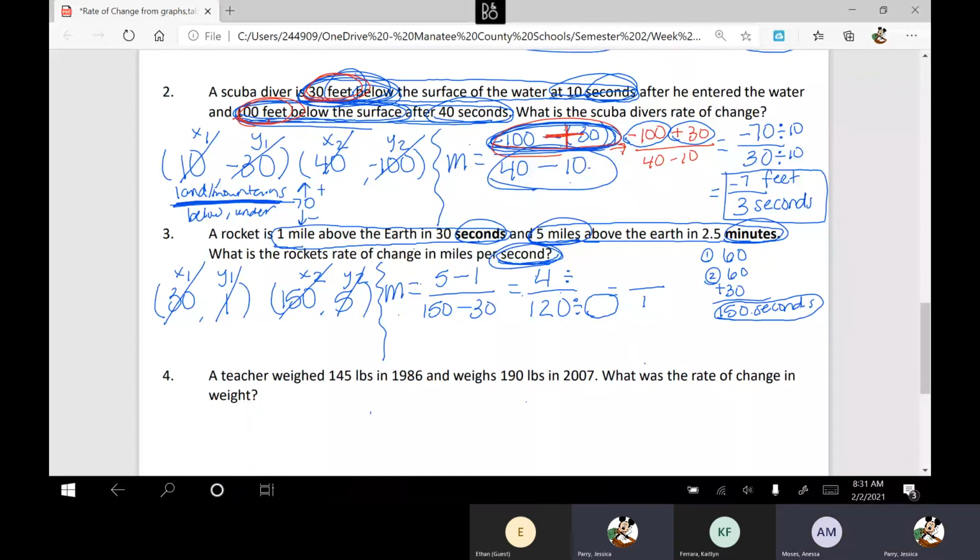So let's think, what is 120 divided by 10? 12.